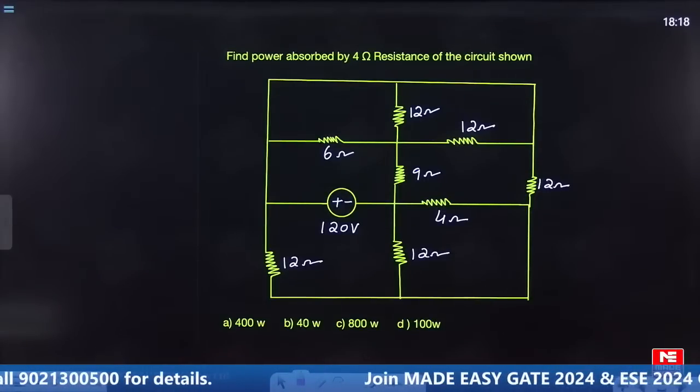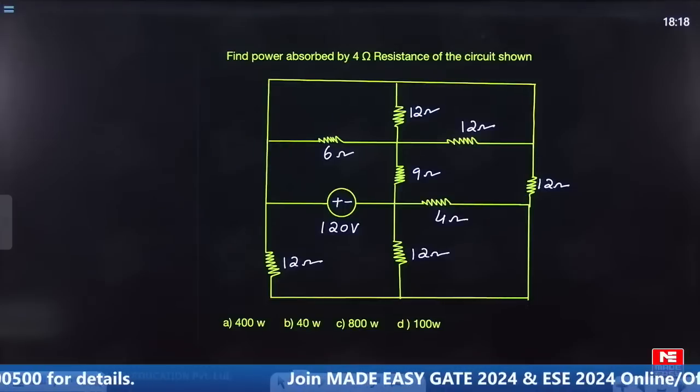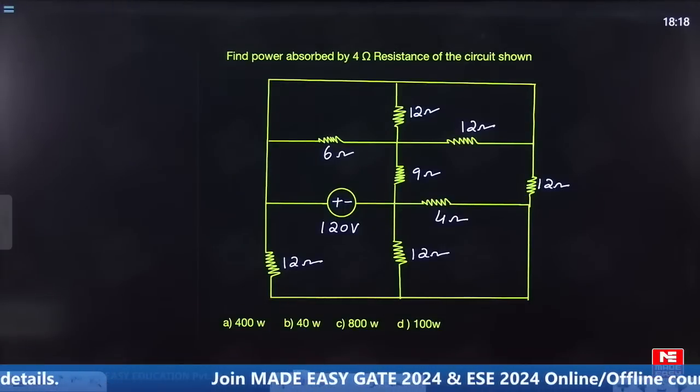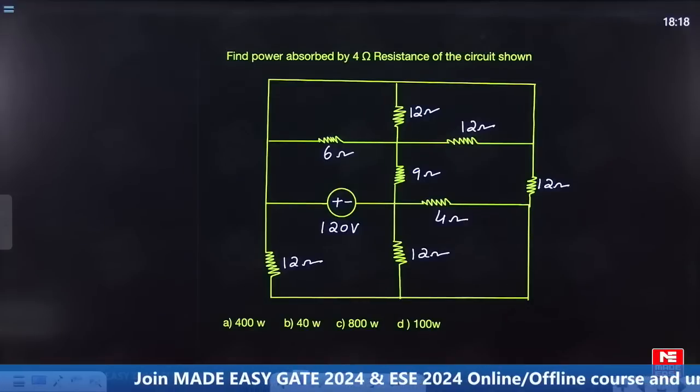Very good, Avinash, Hani, Rama Devi. Read this next question.